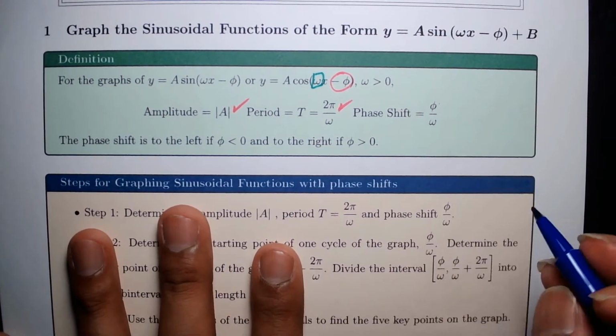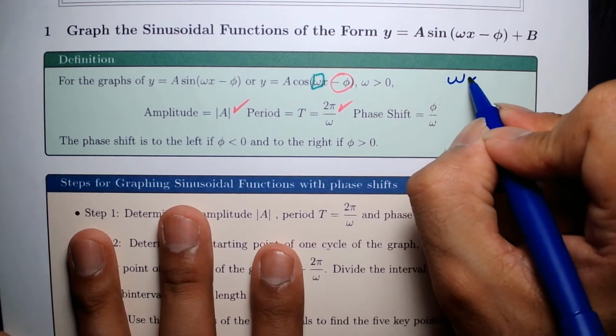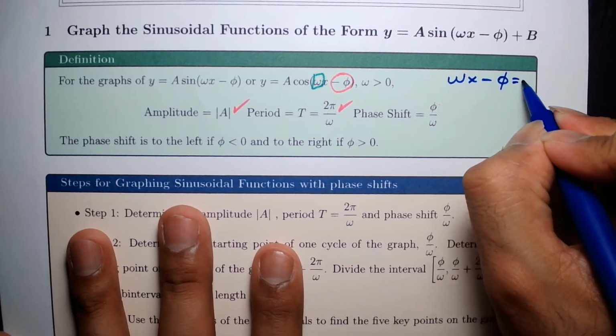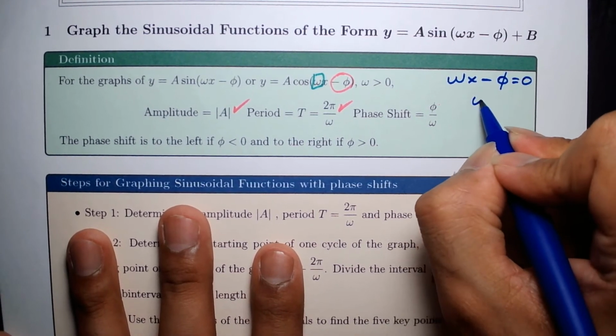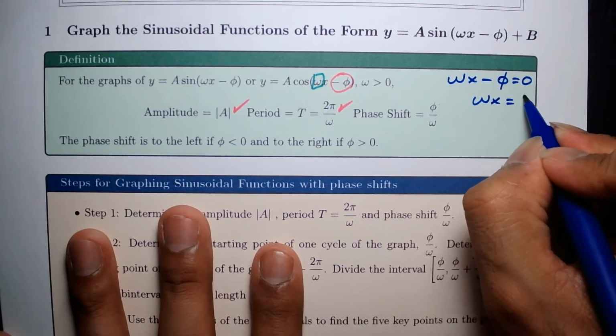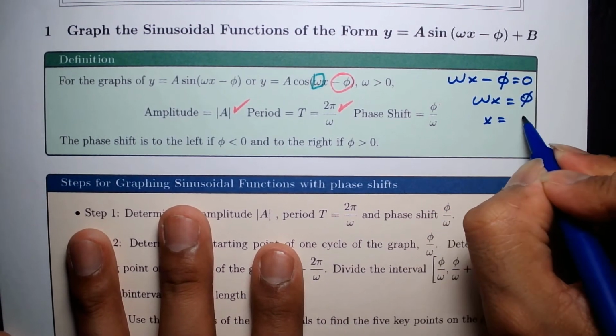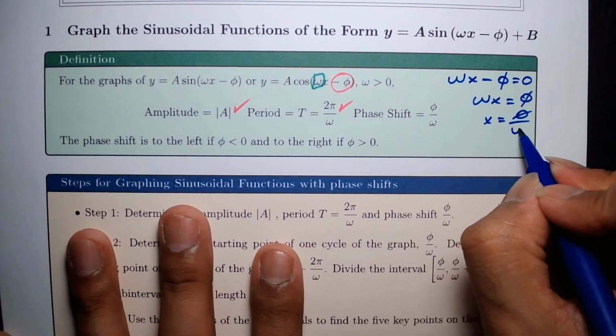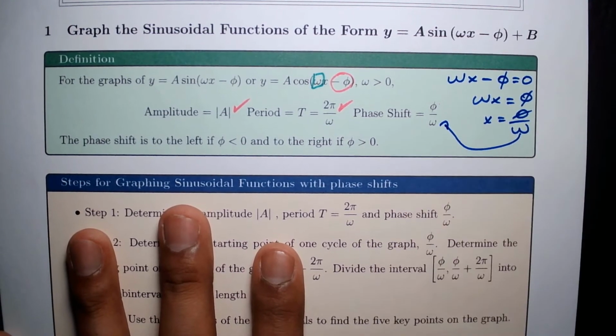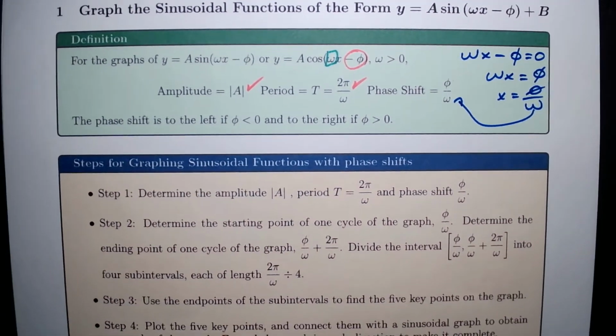Now, where does this formula come from? It comes from setting omega x minus phi equal to 0. So omega x equals phi, and x equals phi over omega. So this represents the phase shift. Nothing really crazy.